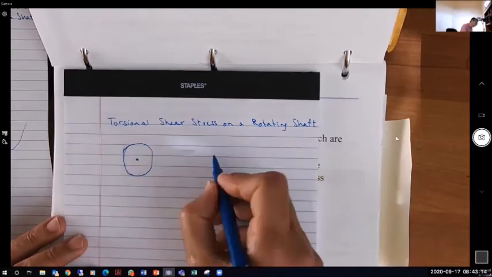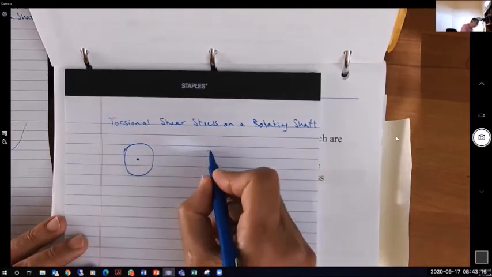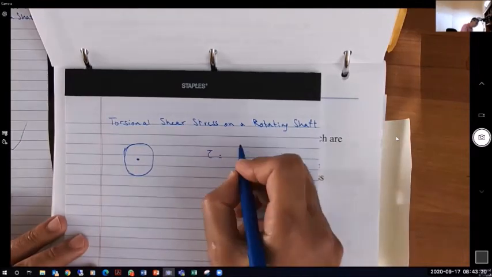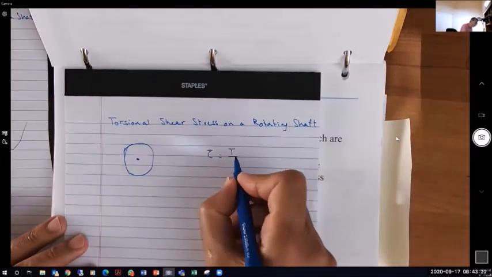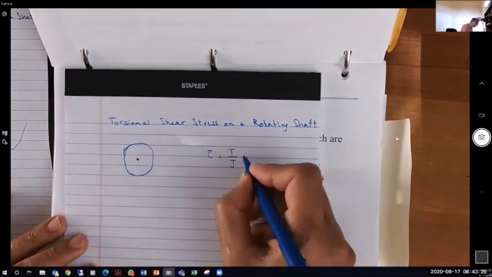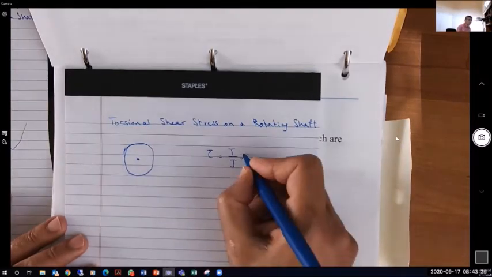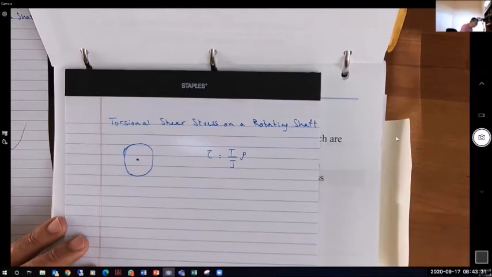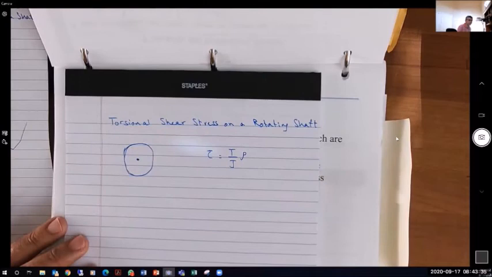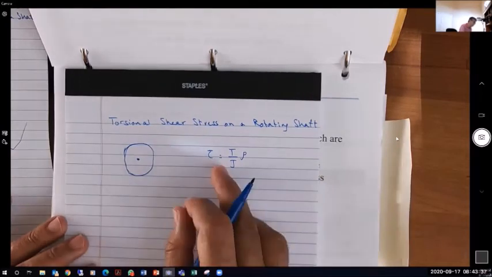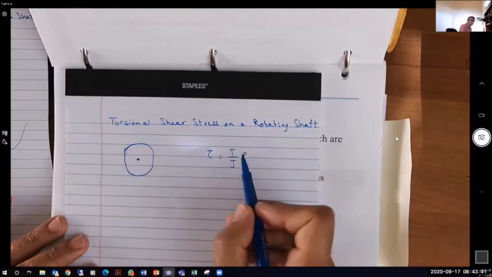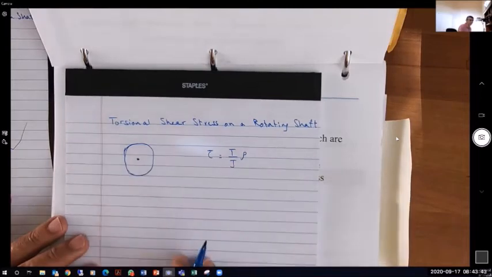From solid mechanics, tau is equal to T over J multiplied by rho, where rho is the radial distance, measured from the center through the circumference. Clearly, T is constant, J is constant, but rho is the one that changes along the cross section.